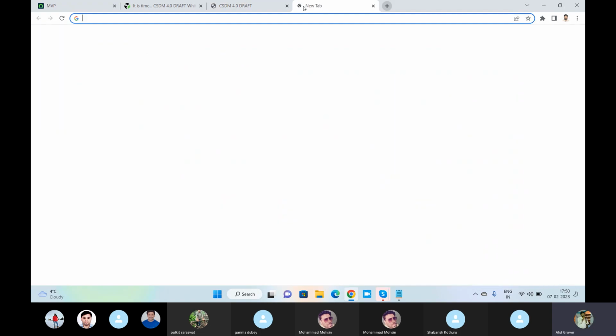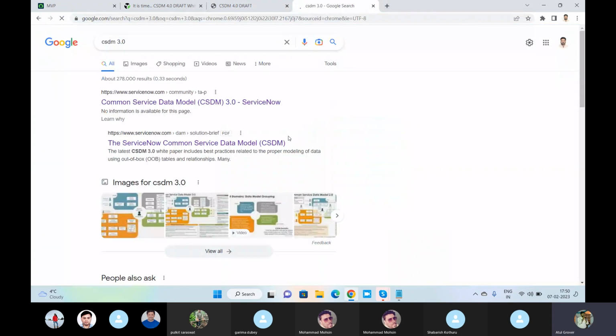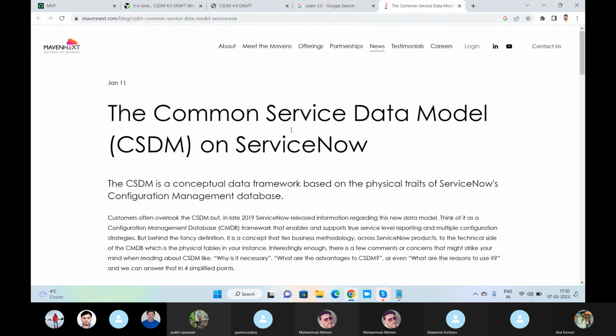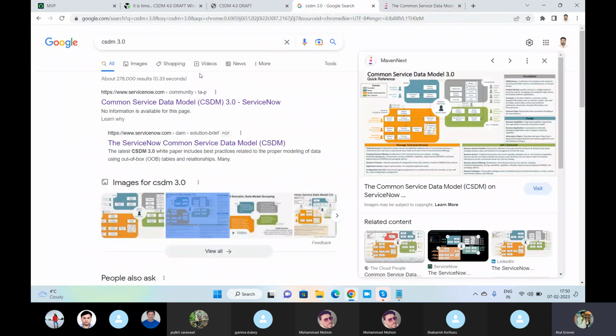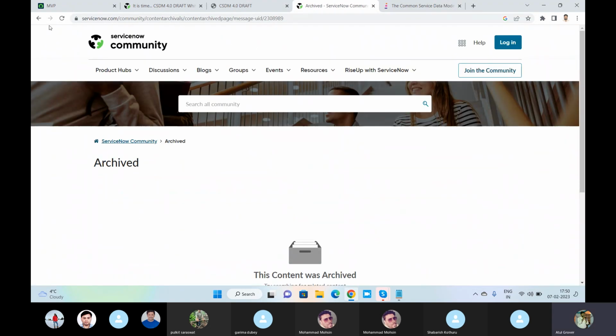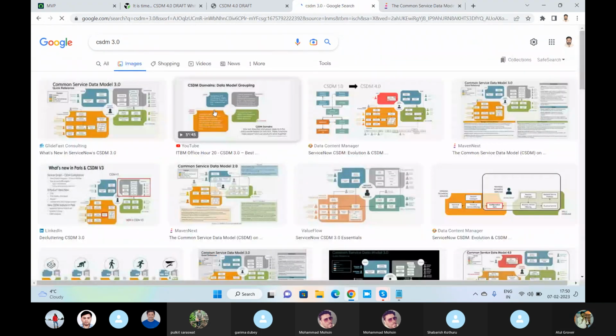Let me open this in the another window. Not this one. Wait. Declustering.